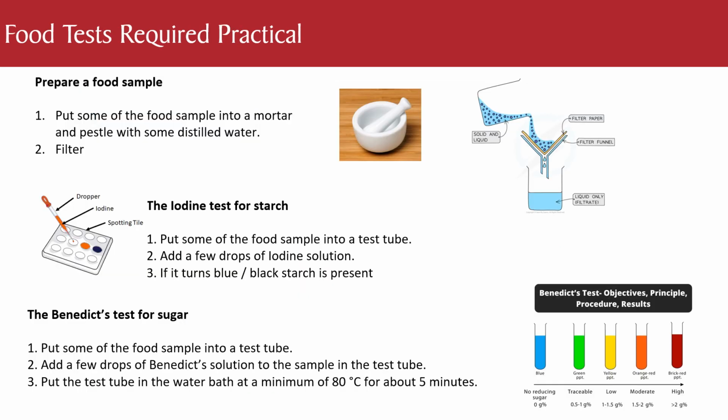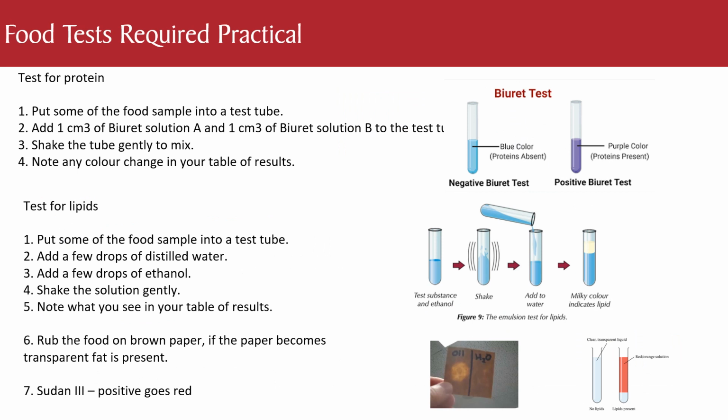Now, this is then the second practical. I'm not going to go through the details. Look up the video to get all the details of it. But there are basically 4 tests. The iodine test for starch, the Benedict's test for sugar. They like that one because there are a lot of good colour changes. The test for proteins, which is the Biuret test, and the test for lipids.